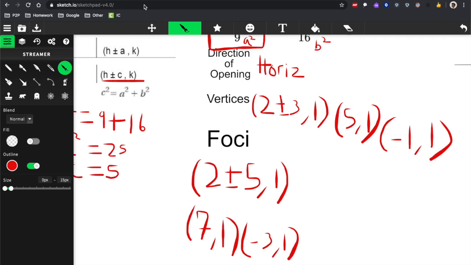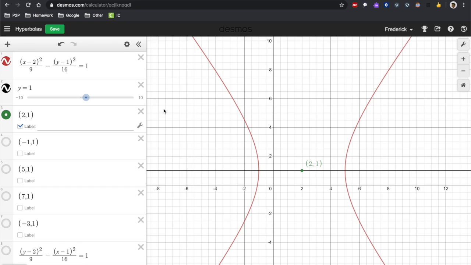So now if we take a look at Desmos and see what they're saying, we have the center to be at 2 comma 1, which we can find from the h comma k. And we take a look at the k value and we figure out, oh, this k value is exactly in the middle of this hyperbola. And we can find that our vertices will also be on the k value, which is 1, like we found in our math.